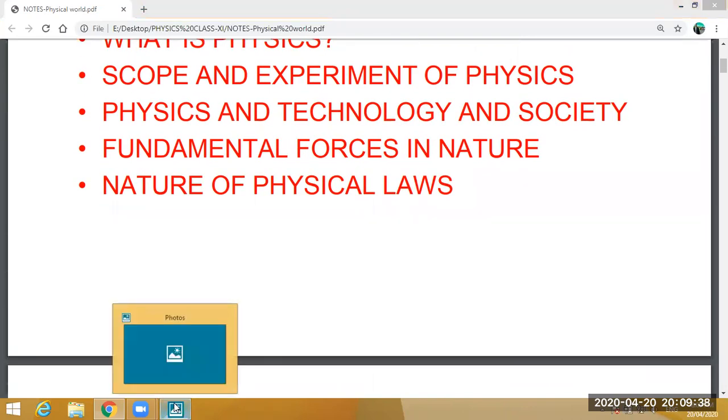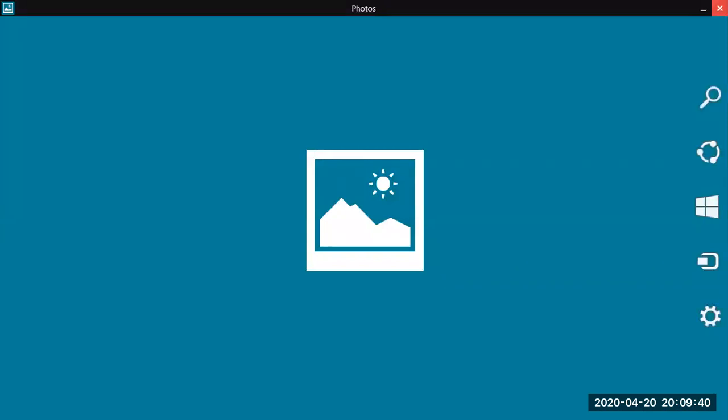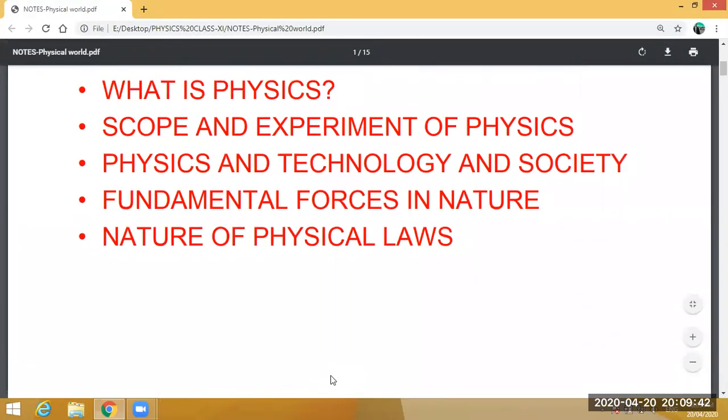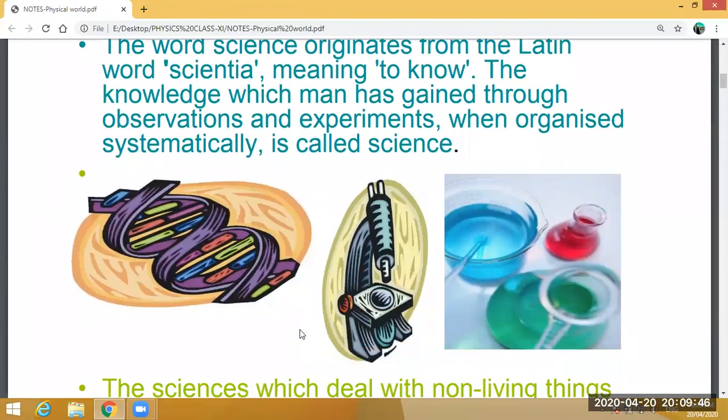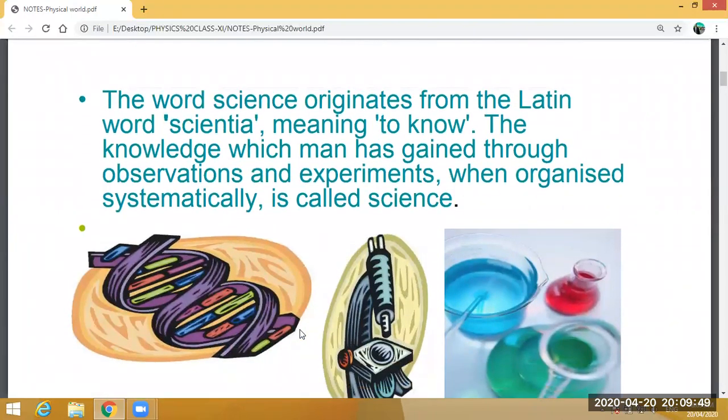So let us first discuss the first point. What is science? All of you must be knowing that the word science originates from the Latin word scientia, meaning to know.